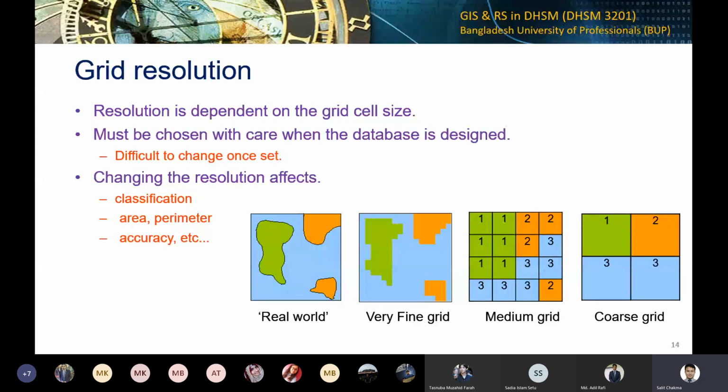So the resolution of raster data affects some of the things. These things are the classification, also the area or the perimeter or the boundary, and the accuracy, and so on. So how is the classification getting affected, and what is classification?